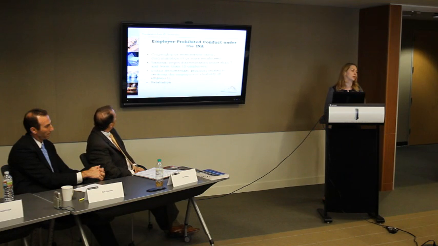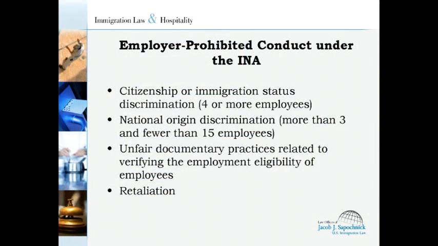Worksite enforcement audits and employer sanctions may unintentionally discourage employers from hiring foreign workers, but the Immigration and Nationality Act has provisions against discrimination. So employer prohibited conduct under the INA includes, first of all, citizenship or immigration status discrimination.